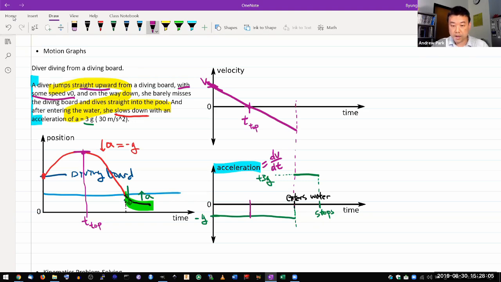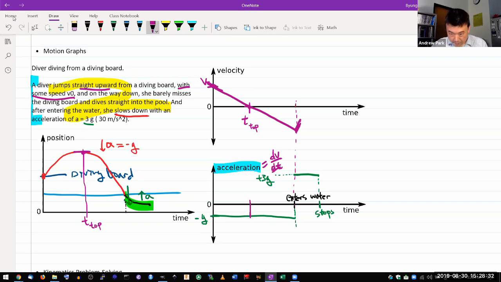And at the moment where the diver enters water, something happens, and that something is that the slope of this curve now changes to positive 3g. So it's going to go from being negatively sloped, downward sloped, to upward sloped, positively sloped, and it should be steeper than this because now it's 3g.